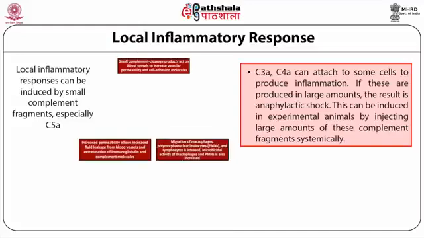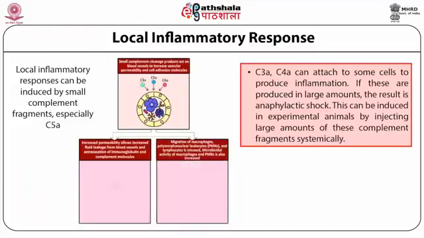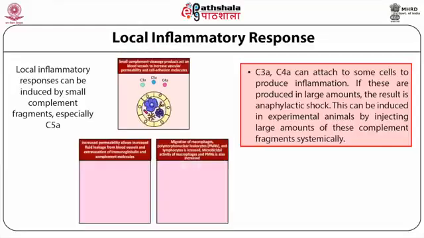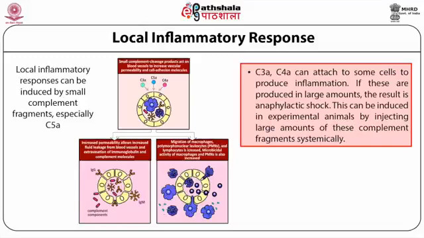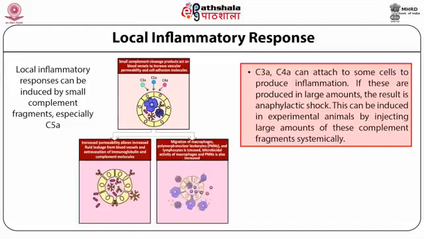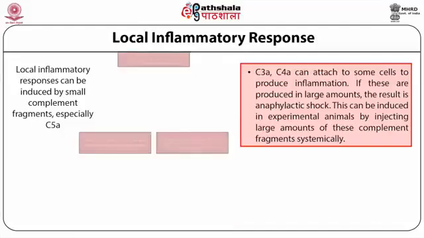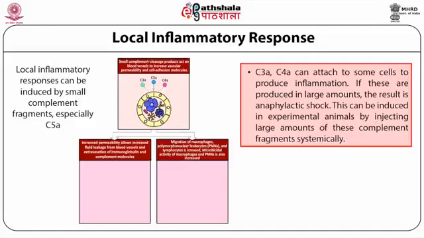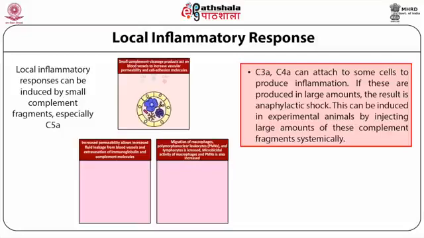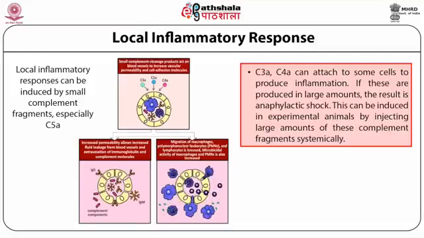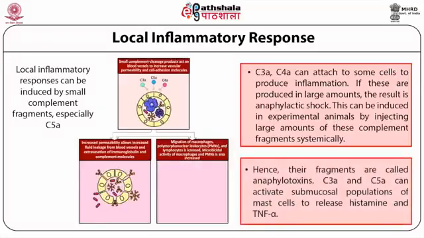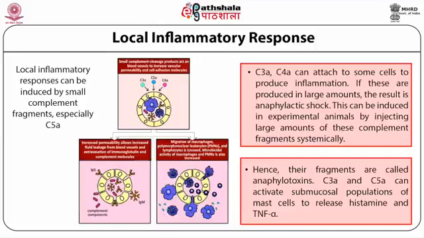This is normally just local inflammation. However, if these small fragments are produced in large amounts, the result is a generalized circulatory collapse called anaphylactic shock. This can be induced in experimental animals by injecting large amounts of these complement fragments systemically. For these reasons, these fragments are referred to as anaphylatoxins.